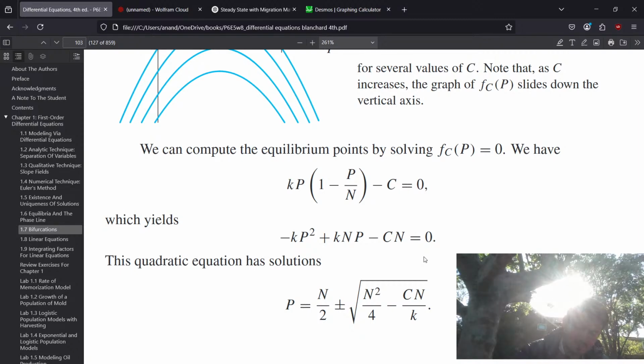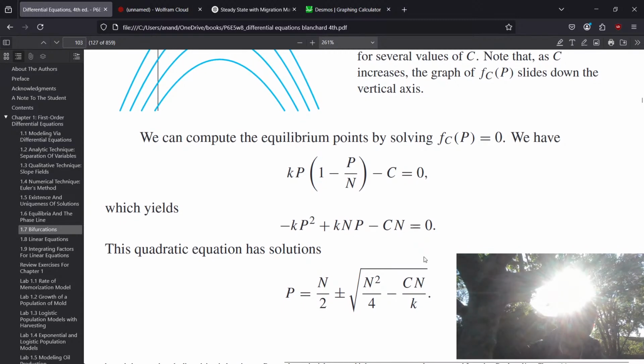Okay, so kp minus kp squared over N. And then they multiply both sides by N, and they get kpN minus kp squared minus cN is equal to 0.